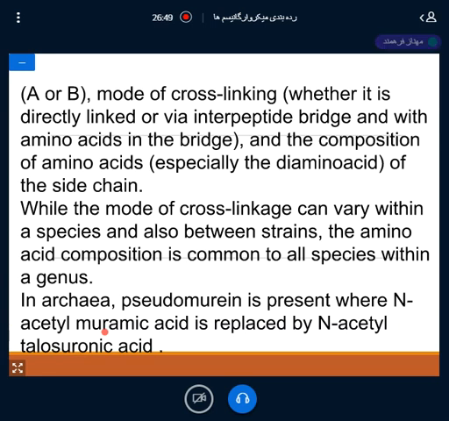So you can see, while the variation of cross-linkage and interpeptide bridge amino acids is observed, the amino acid composition is very different from one species to another species, and also between strains. That is very important.